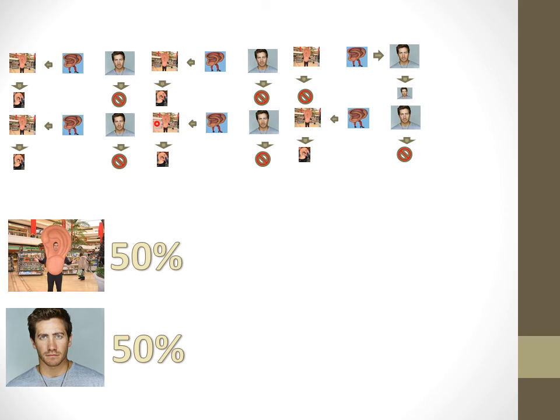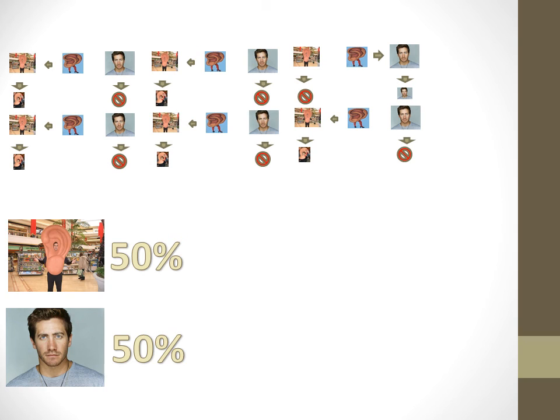As you can see in this graphic, all the women are going to be the ear girls. There are going to be a few exceptions, of course, because the norm would be the ear girl going with the ear man. However, as you can see right here, there's that one exception where the ear girl decided to go with the Jake Gyllenhaal man.